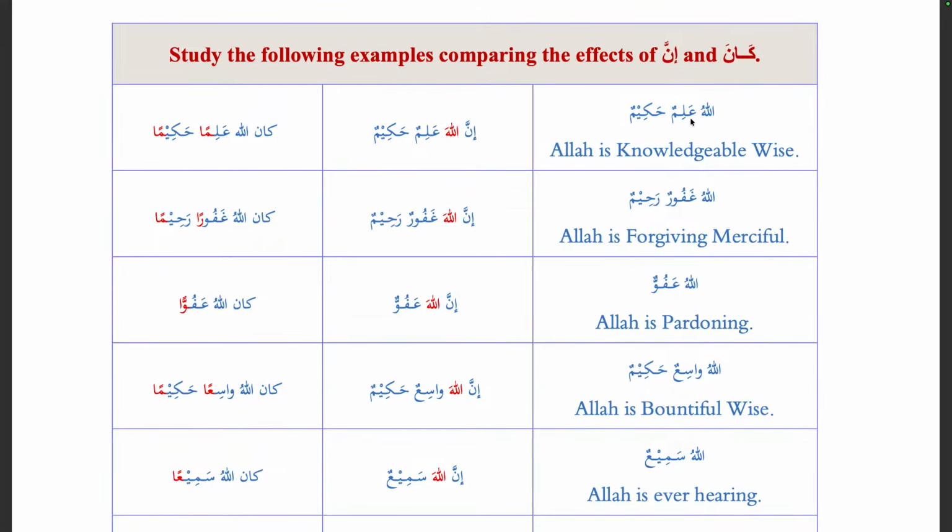So for example, we have the sentence, Allahu alimun hakim. Right, there's a ya missing there. Make sure to add it. Allahu alimun hakim. Allah is knowledgeable, wise.